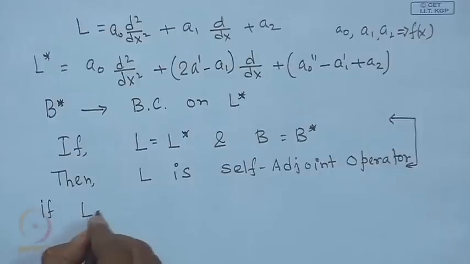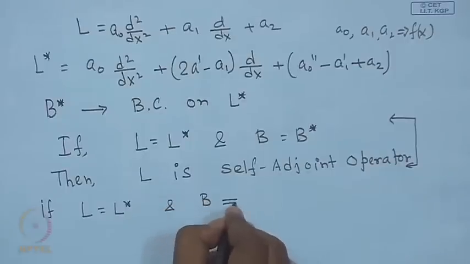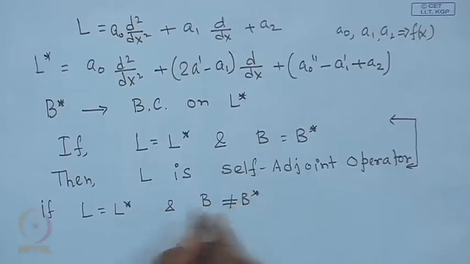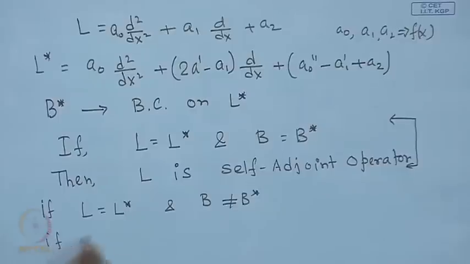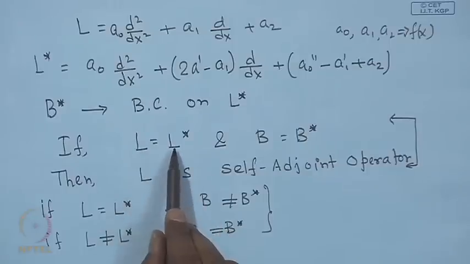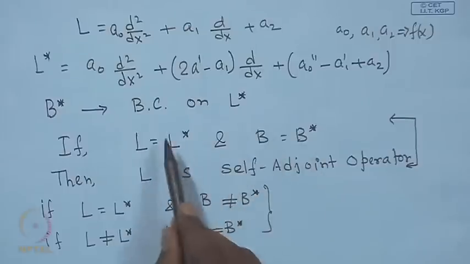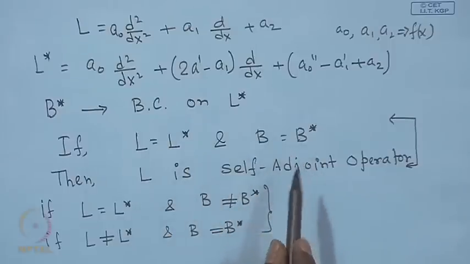If L is equal to L star and B is not equal to B star, and the other way also, if L is not equal to L star and B is equal to B star, then the problem is not a self adjoint problem. If L is equal to L star and B is equal to B star, then only L is a self adjoint operator and the system is called a self adjoint system.